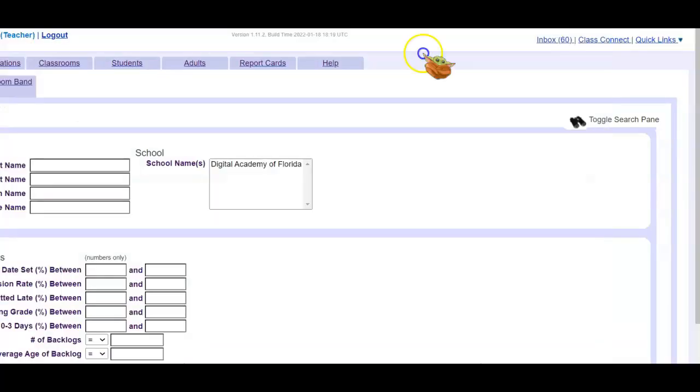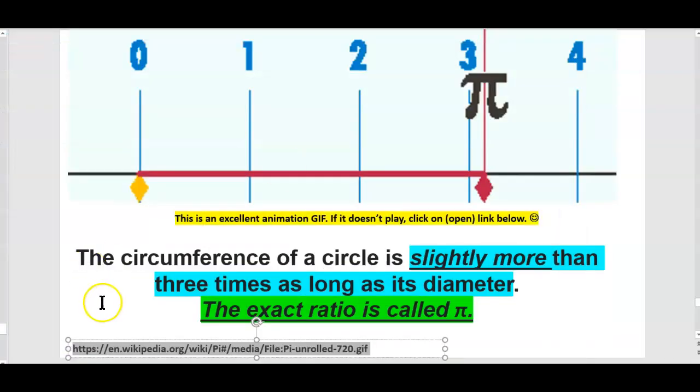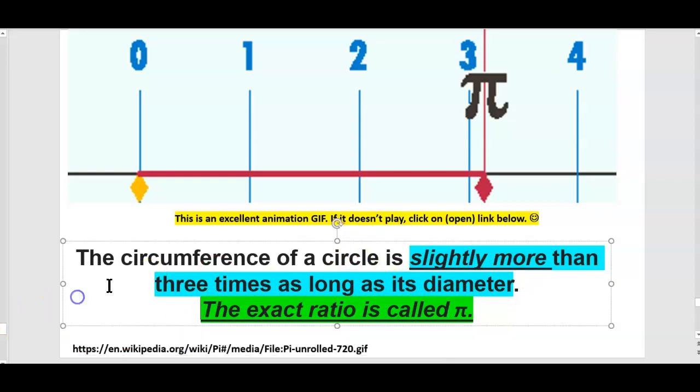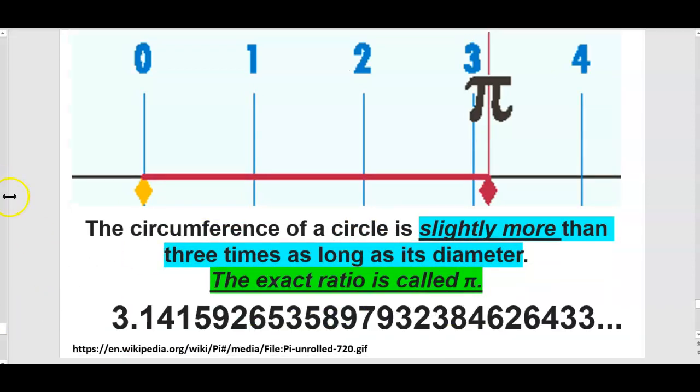Let's show you here. Here we go. So it's slightly more than 3 times the diameter. Here it is. There's the 3. That 3 there represents from here all the way to here.